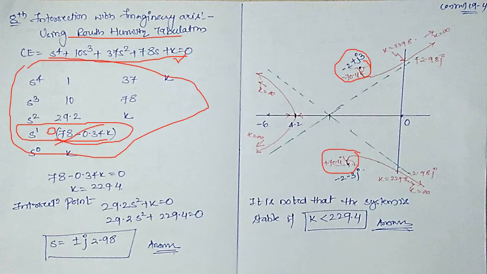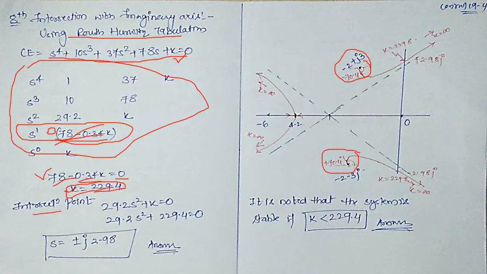They will not have any real part. So let us equate this line to 0. So 78 minus 0.34 k is equal to 0. You will find that k comes out to be 229.4.